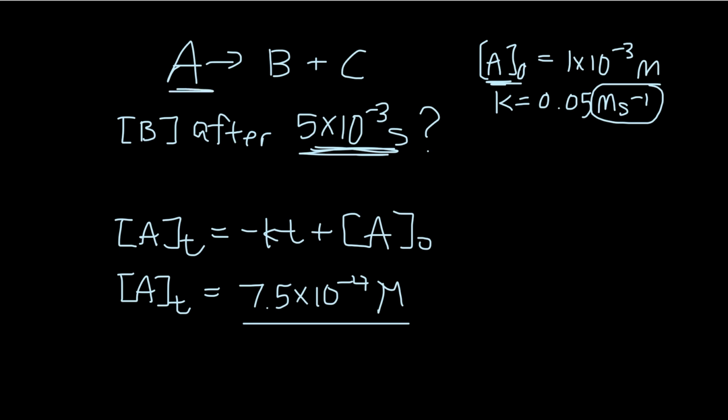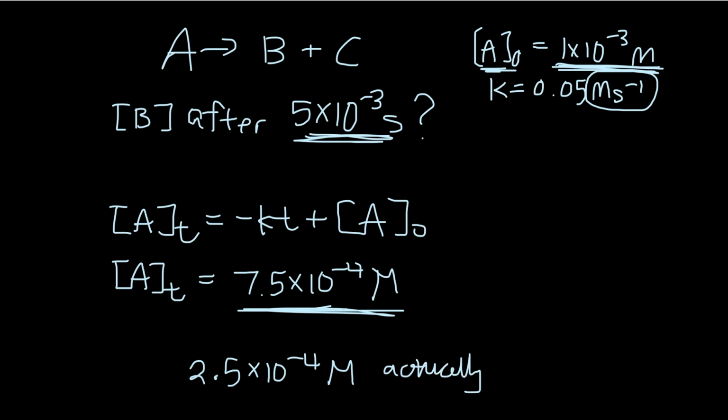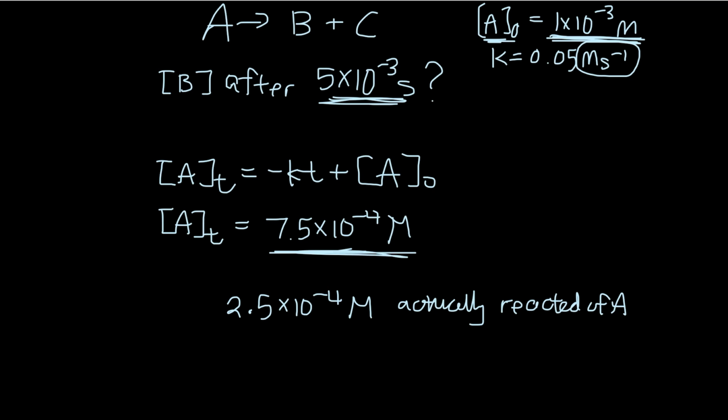But what's remaining isn't what has reacted to get our B. So to find the amount of A that reacted to get B, we need to take this amount away from our initial concentration, which tells us that only 2.5 times 10 to the negative 4 moles per liter of A actually reacted to form our product B. So the concentration of B would be based on this amount times the stoichiometry.